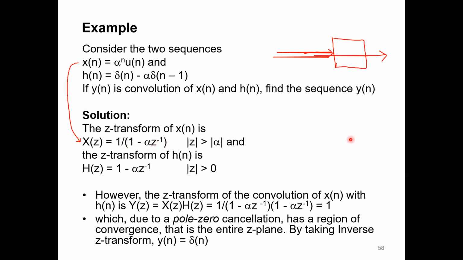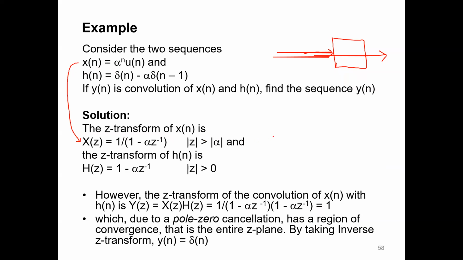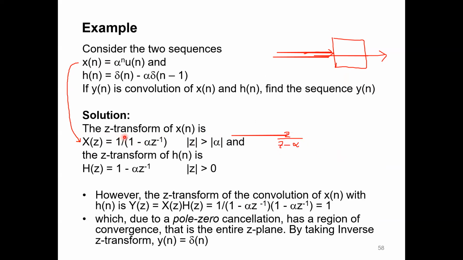Or in other words, if you want to write it like z, it is z over z minus alpha. If you go to the table, you can see that z over z minus alpha. But if you want to write it in negative exponents, Z to the minus terms, it is just this: 1 over 1 minus alpha z^-1.